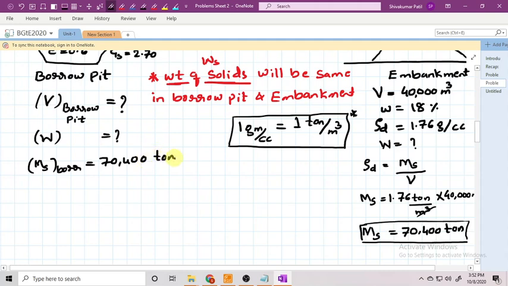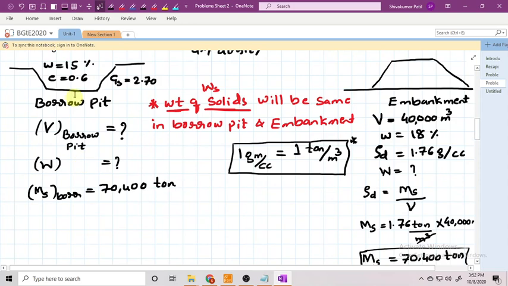I also know the water content and the specific gravity. Can I find the dry density in the borrow pit? The dry density in the embankment is given, but the dry density in the borrow pit is not given. That I can find out.